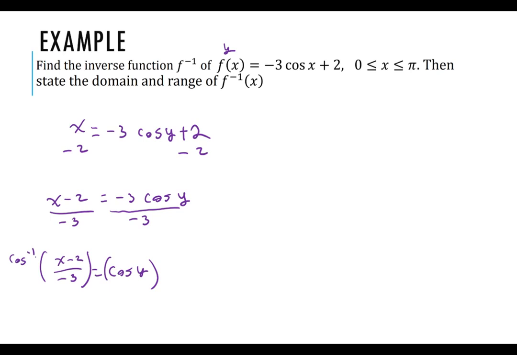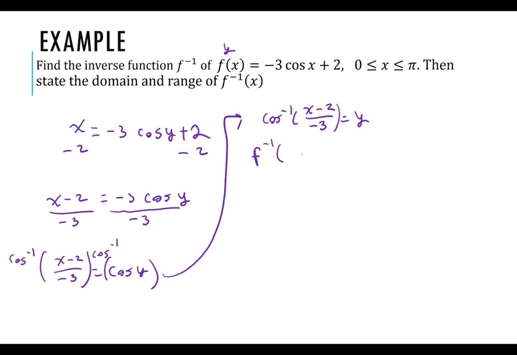So, take cosine inverse of this, cosine inverse of this. Well, I claim that now we have cosine inverse of x minus 2 divided by negative 3 is equal to y, which is our inverse function. f inverse of x is equal to cosine inverse of x minus 2 divided by negative 3.